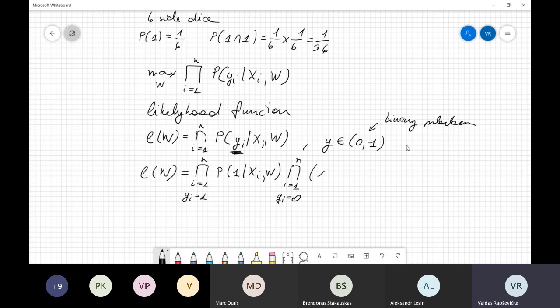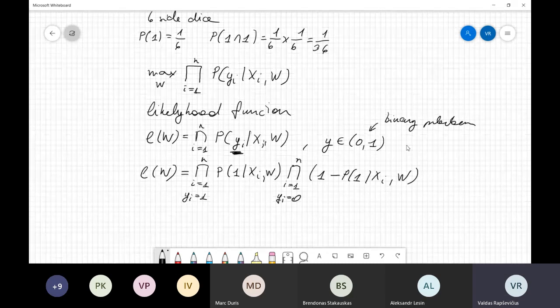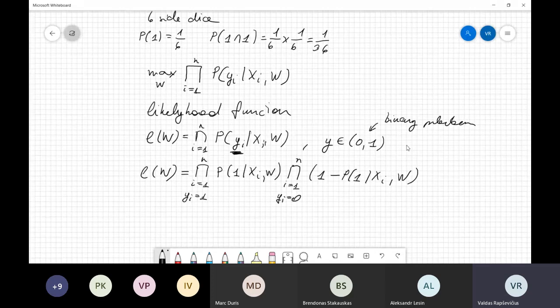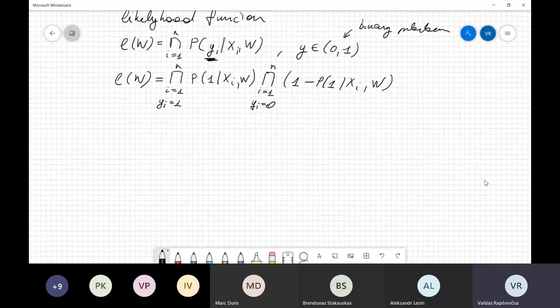This is 1 minus the same probability, given xi and w. So we have expressed the variable class through the same class probabilities.